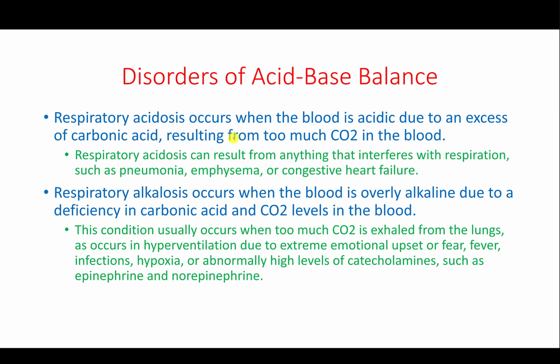In case of respiratory acidosis, of course, you understand changes in the pH will affect the proteins of the blood. So sometimes we will have emphysema or pneumonia, all of which would result in acidosis. Alkalosis occurs when we have, for example, a panic attack or emotional upsets, all of which would cause respiratory alkalosis.